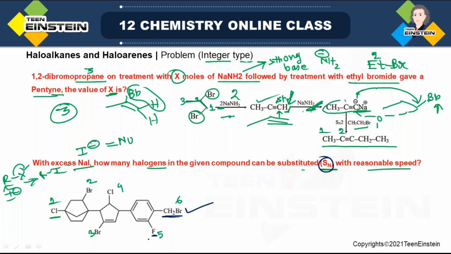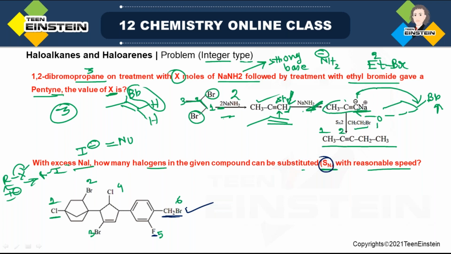But fluorine, which is directly attached to the aromatic ring, here for a haloarene, this type of nucleophilic substitution is not possible. Nucleophilic substitution for haloarenes will be possible only in some special cases, though this is not very common. Mostly substitution is common for aliphatic molecules, that is alkyl halides, not for haloarenes, that is aryl halides.